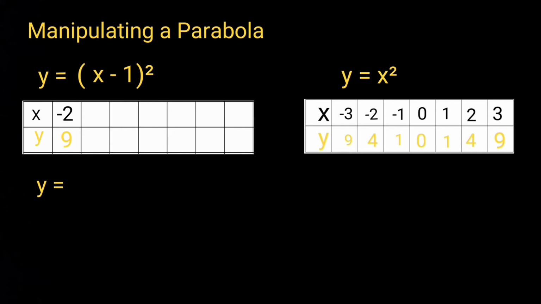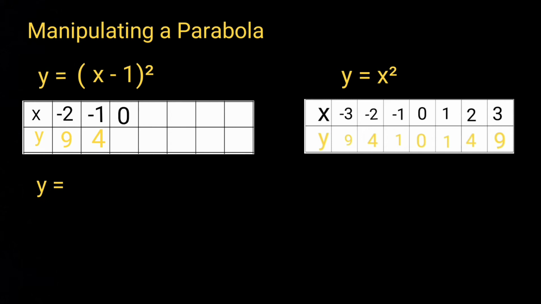Moving on, for the x value of minus 1, we would get a y value of minus 1 minus 1, to the whole squared, which would lead to minus 2 to the whole squared, and therefore 4. If we compare this function's table with the table of y equals x squared, we are starting to see a little bit of a pattern here. But let's do one more of these just to confirm this.